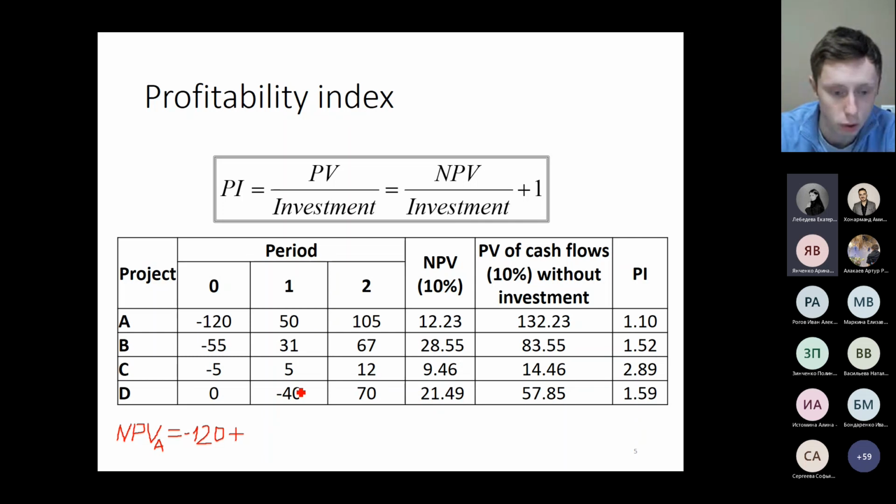Yes, Irina, well done. So this is 50 divided by 1 plus 0.1. This is the same 10% that we use as the discount rate. And what will we do with the second cash flow, how do we include this one?